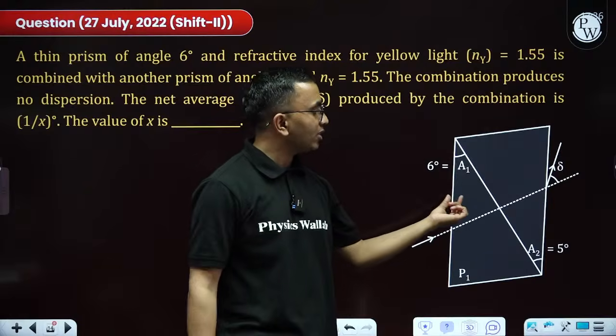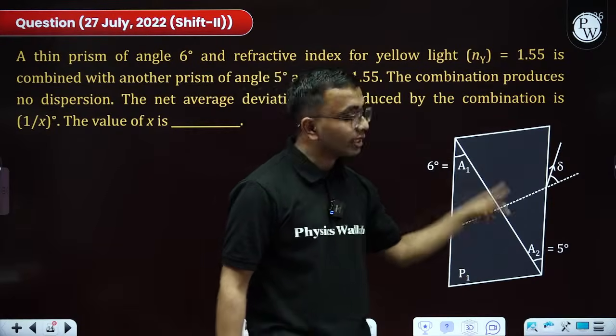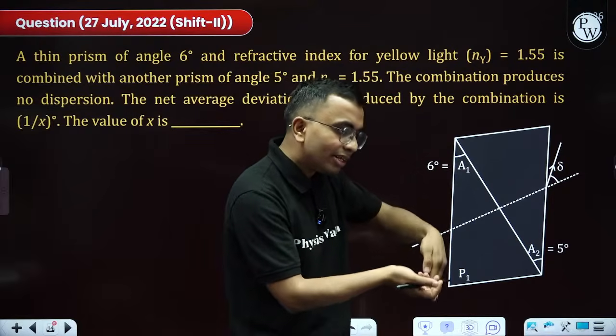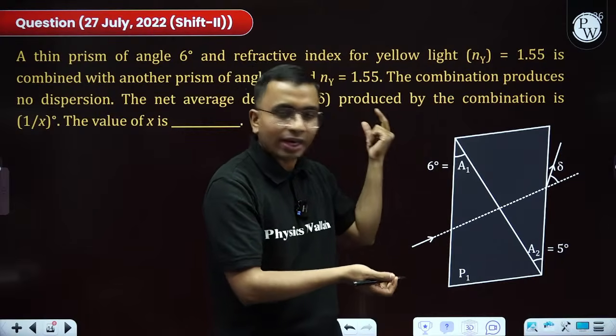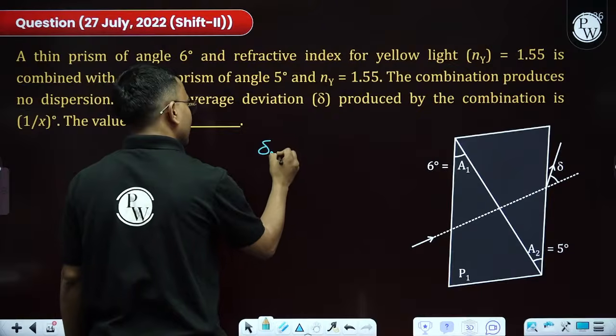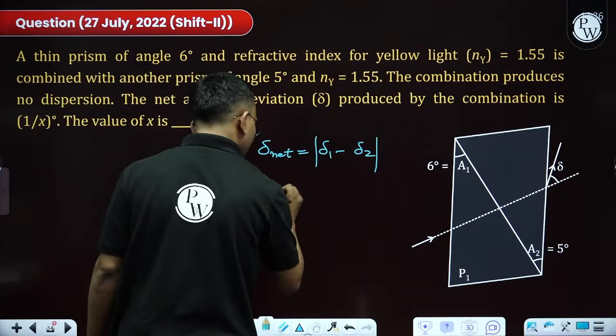Net deviation is the deviation by the first plus the deviation by the second, but they are inverted now. So one will deviate in one sense, another in the opposite sense. So when you find the net deviation, I will subtract the two deviations. The net deviation is equal to the difference of the two deviations.